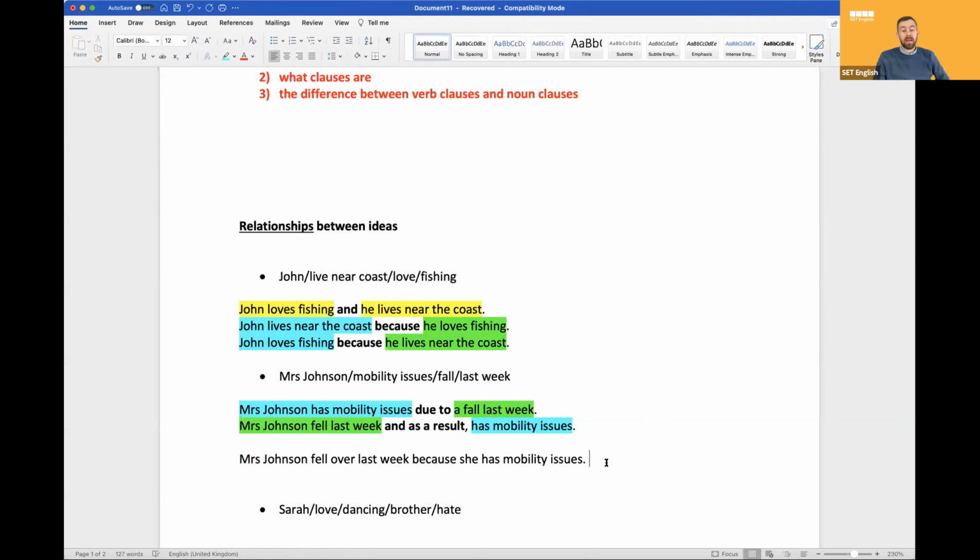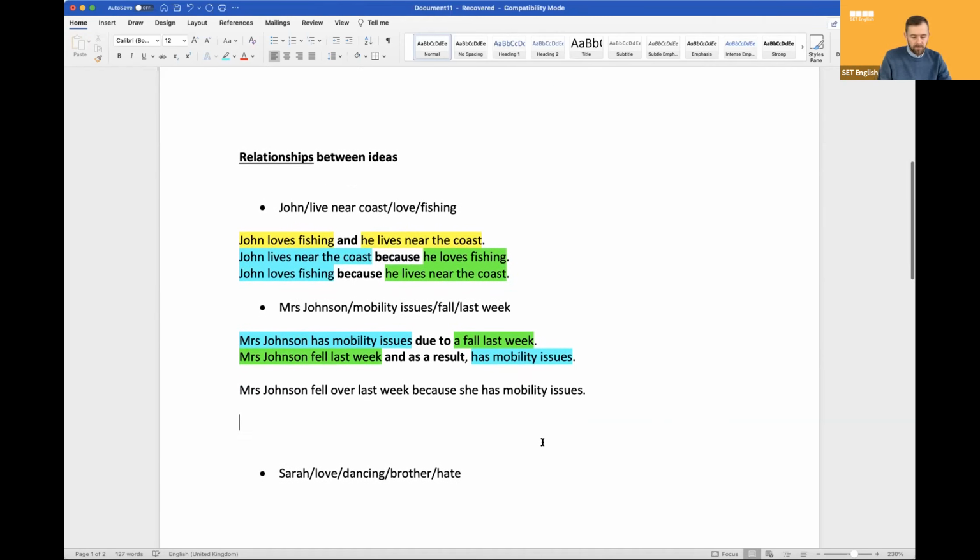There's no problem with that. I can switch these around because in this situation it has a different meaning. If you have mobility issues, you are more likely to fall over. But also, if you fall over, it can cause mobility issues. So it works both ways here.